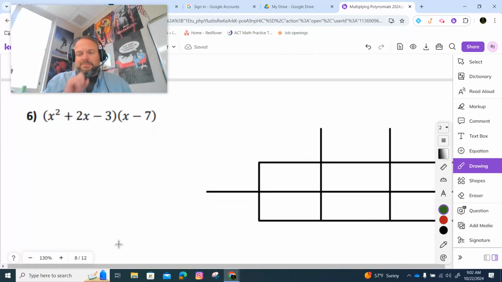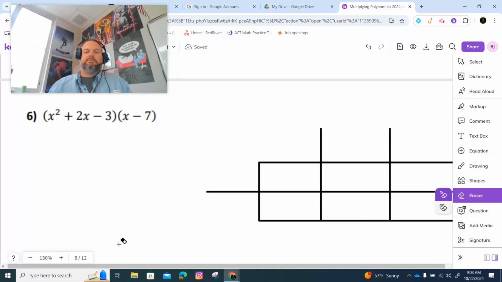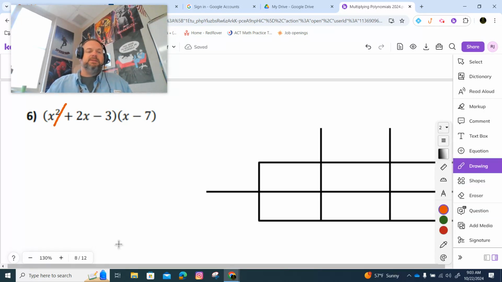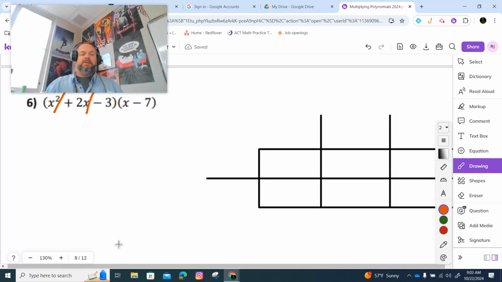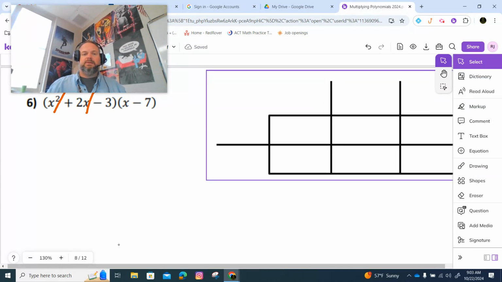All right. So what they did for this one, which I thought was genius, is they split it like this. They would have rewrote number 5 to look like this, and they would have split it like this.